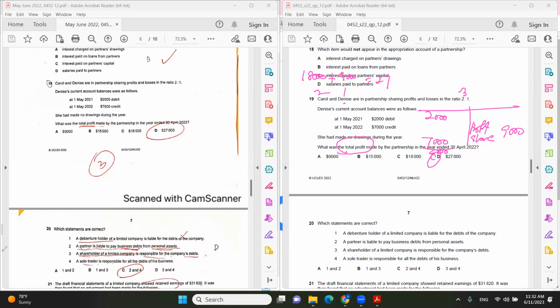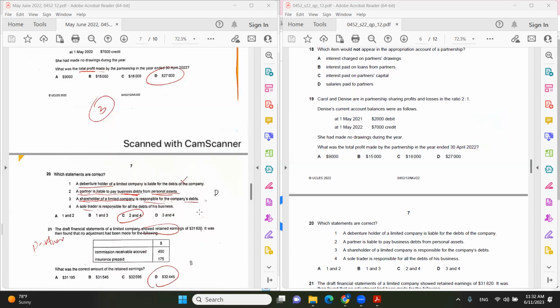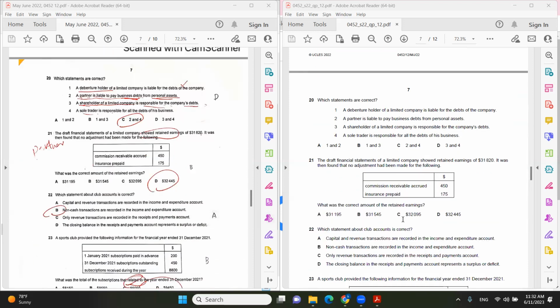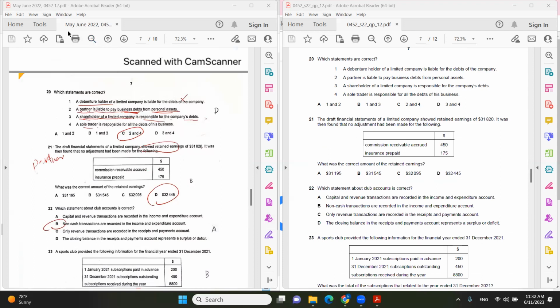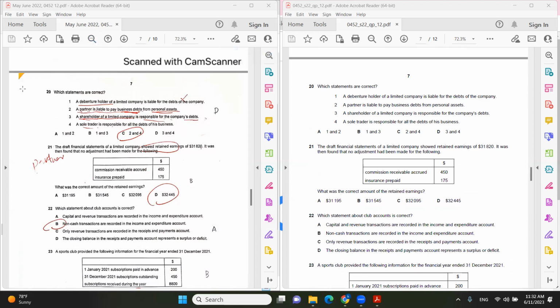Next, question 20. Which statements are correct? A debenture holder of a limited company is liable for the debt of the company.